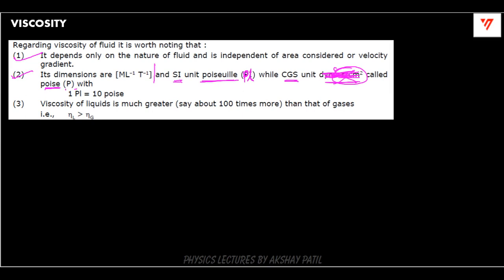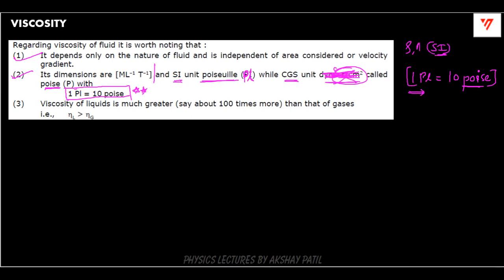This is where you need to concentrate now. The conversion factor they have given is 1 PL is equal to 10 poise. Most of the time they will give the coefficient of viscosity in the CGS unit, and everything else, like density and area, will be given in SI units.